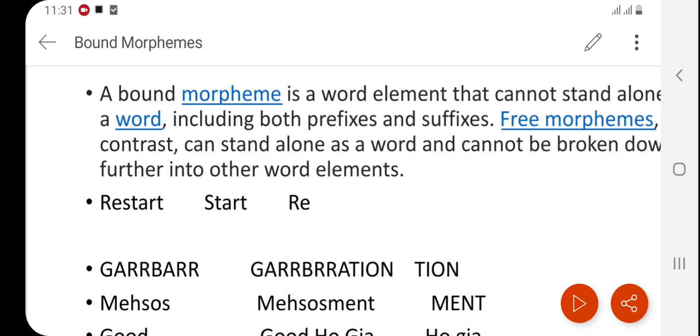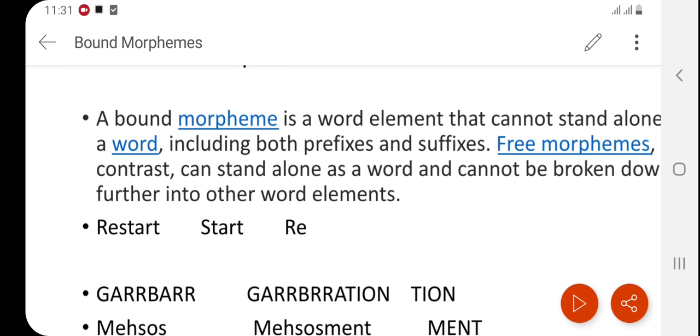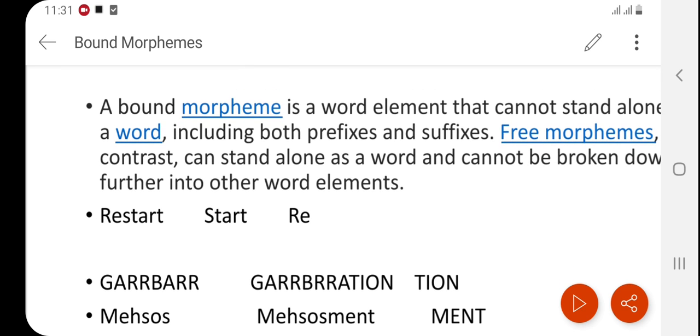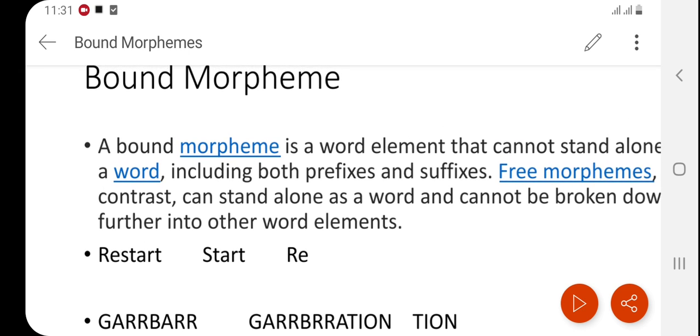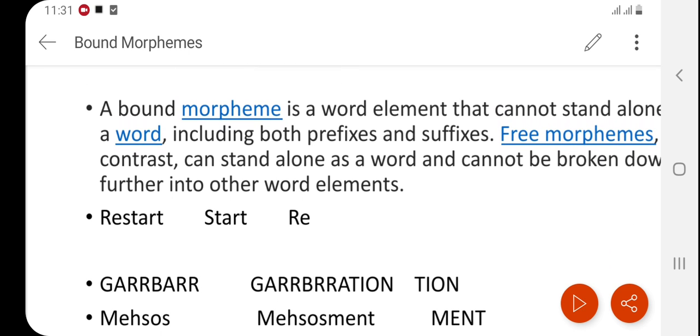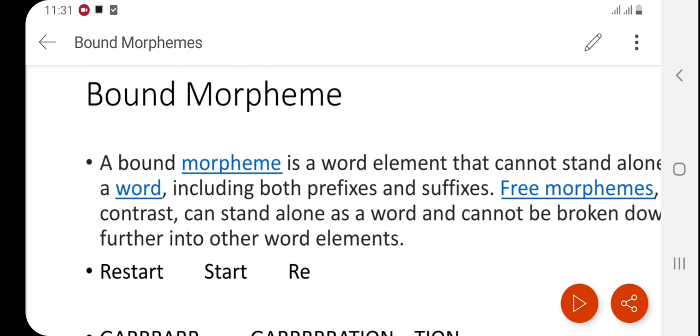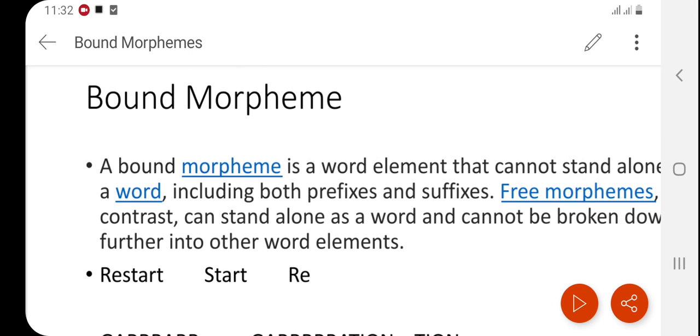So let me tell you a few interesting additions of bound morphemes in Urdu and Punjabi language that we speak in Pakistan. I have already given this example to many of my students.